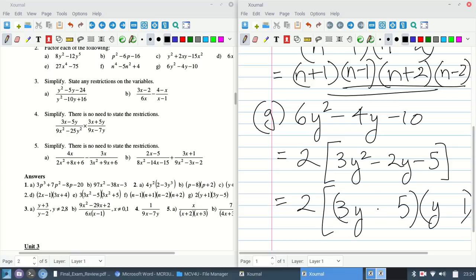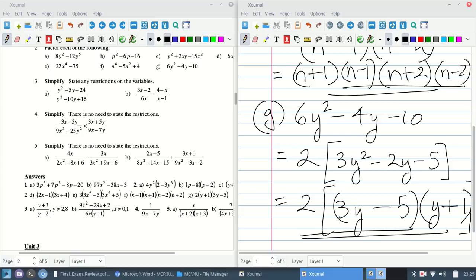So let's see. And there's going to be a plus and a minus. So let's try a minus here and a plus here. So 3y squared is good, right? And I get positive 3y, and I get minus 5y. And just by trial and error, I've already got my answer, right? Because I get a negative 2y in the middle if you do the actual expansion. So right away, I've got my final answer for g.